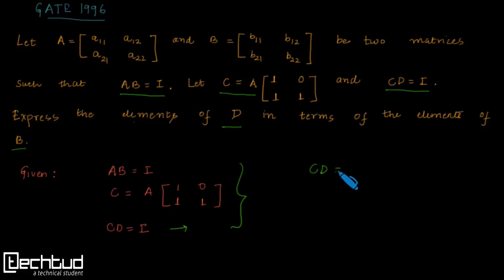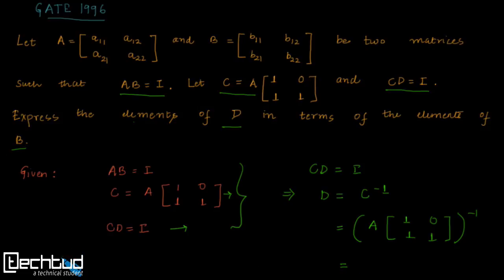CD equals I. This implies that D is equal to C inverse. Now from this information we can write, in place of C, A multiplied by the matrix [1, 0; 1, 1], inverse.